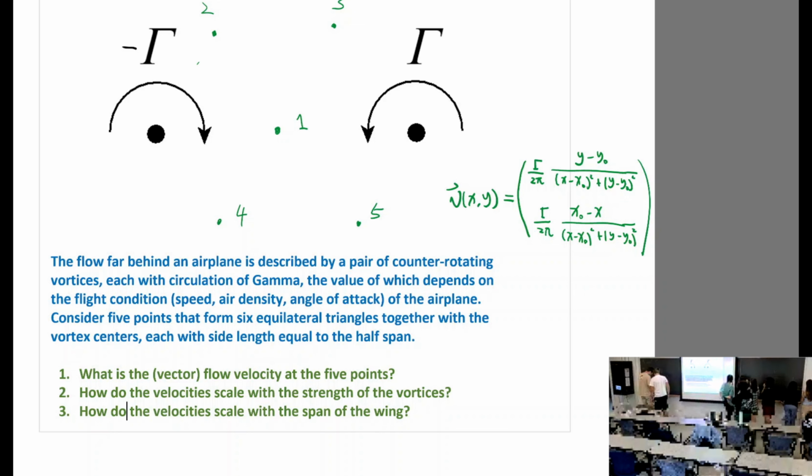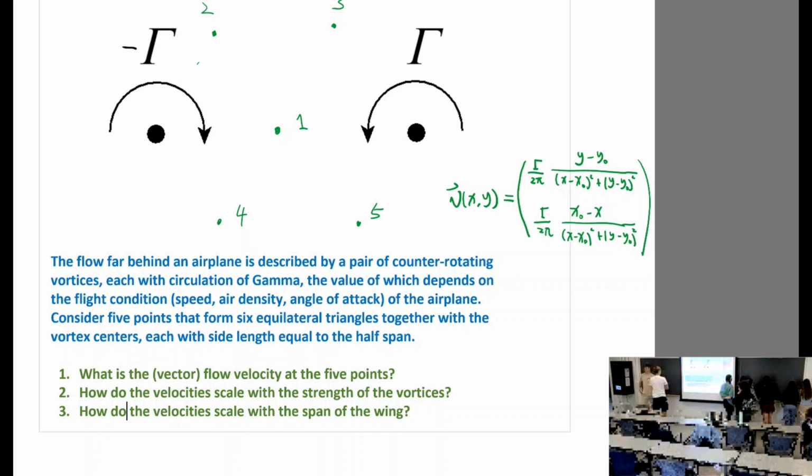And then X for point number 2 is going to be minus half L, and the Y for point number 2 is going to be square root of 3 over 2 L. So if you plug in all the numbers and do the crunching, you're going to get L. The point is what we're calling R.